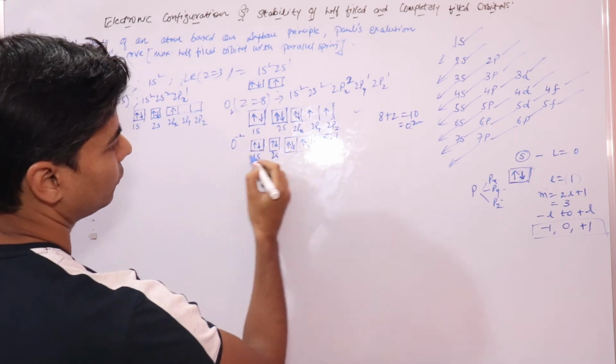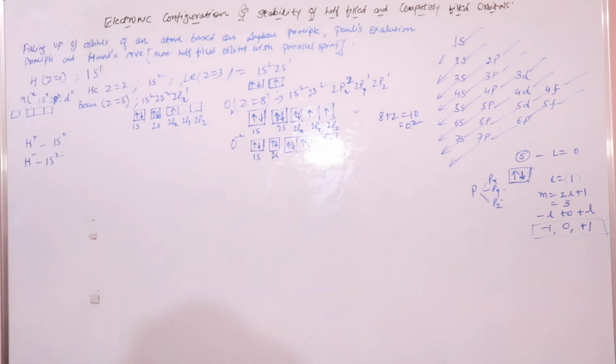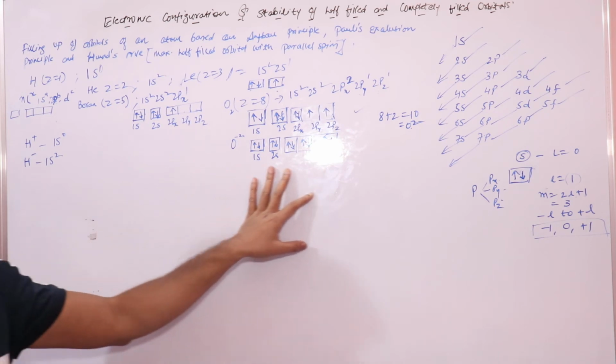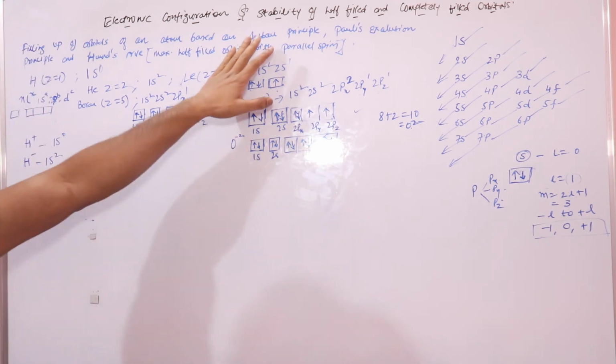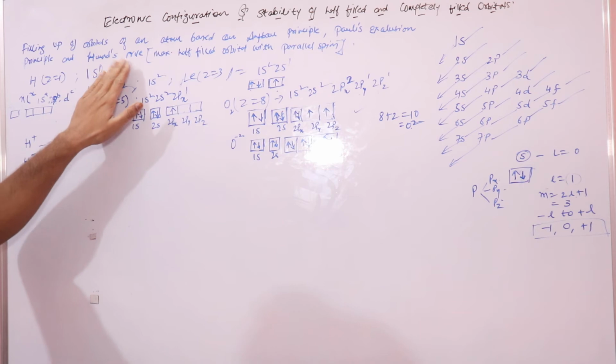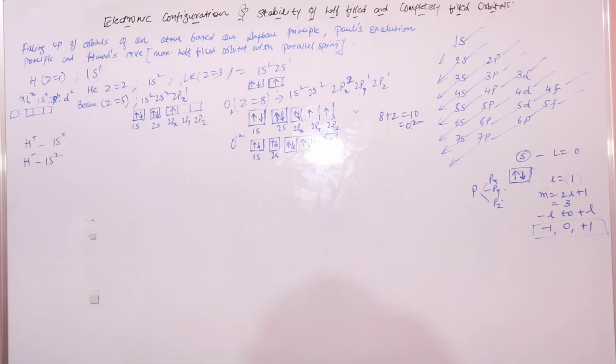This is the electronic configuration for the oxide ion. So this is how you will write electronic configuration following the Aufbau rule, Pauli's exclusion principle and Hund's rule of maximum multiplicity.